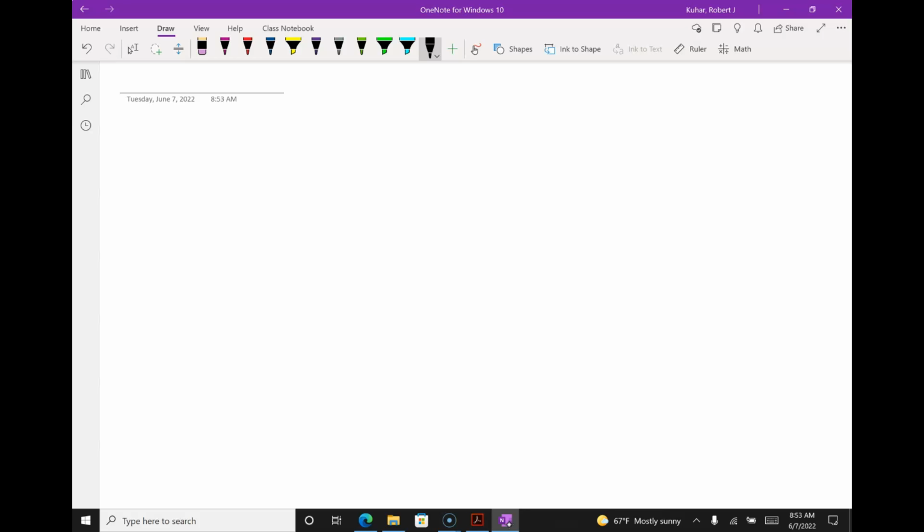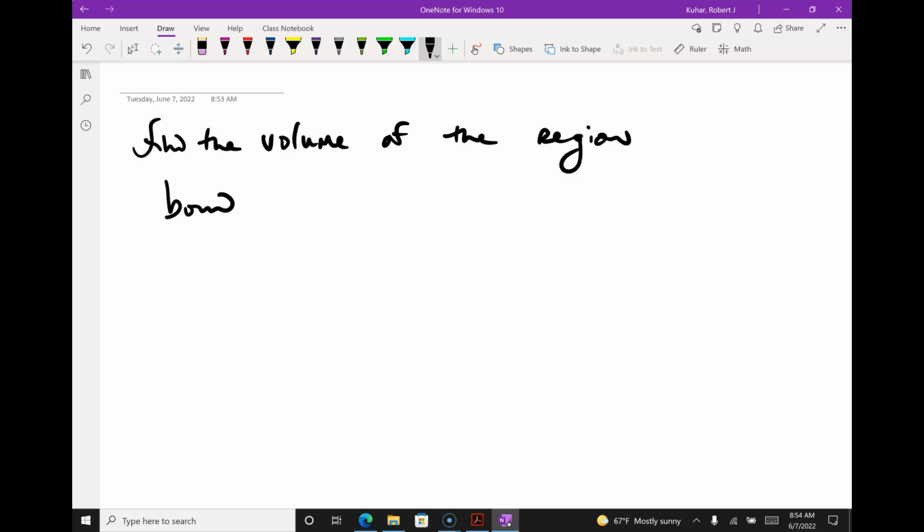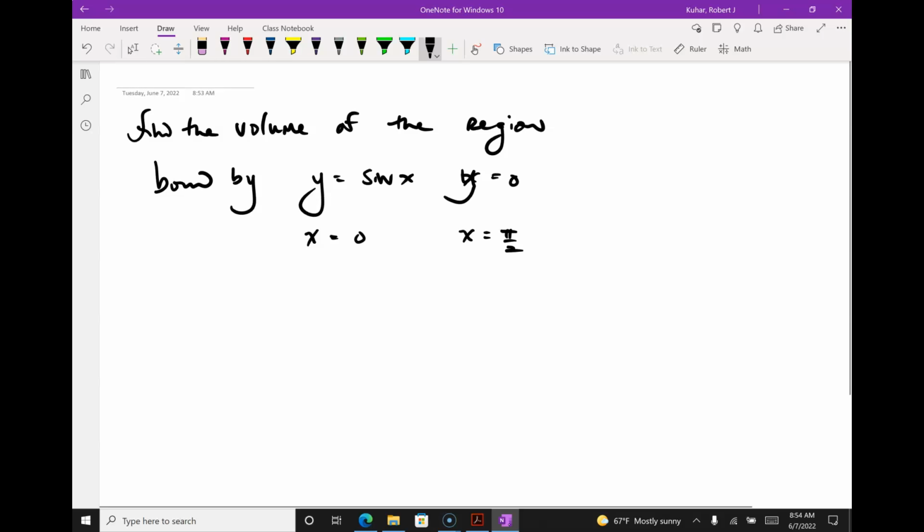So let's find a volume of the region bound by y equals sine of x, y equals 0, x equals 0, x equals pi over 2, about the y-axis.